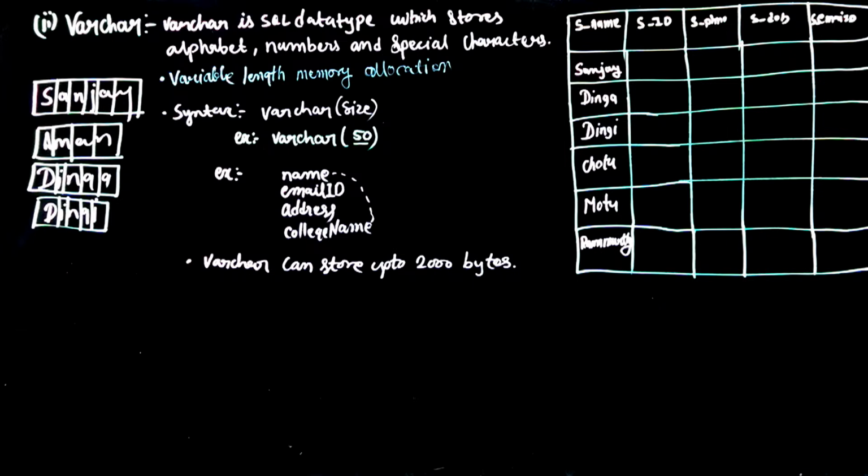Geeta asks: what about the memory wastage in varchar, sir? Varchar, I told you, Geeta, will take the size according to the data. So there is no memory wastage in varchar. If I apply the data type as varchar and that column or variable accepts data whose size is 6, it will create size 6 in the memory.